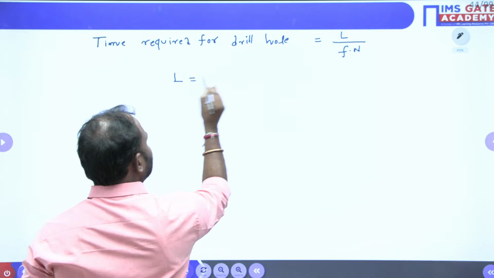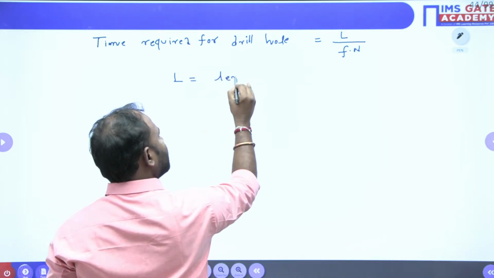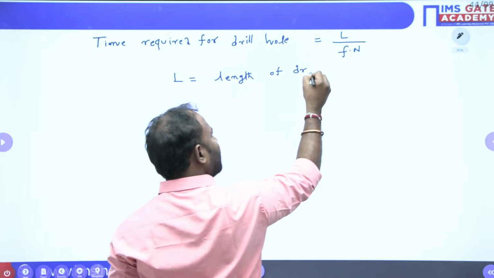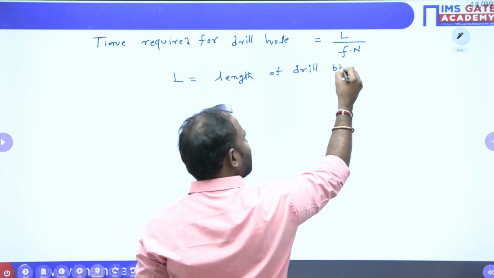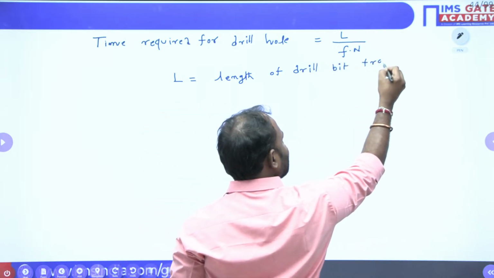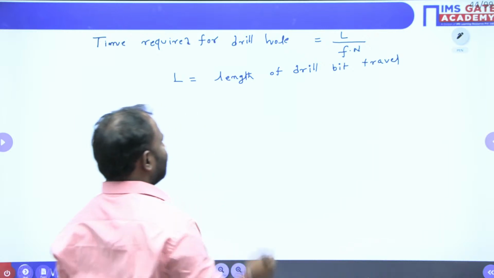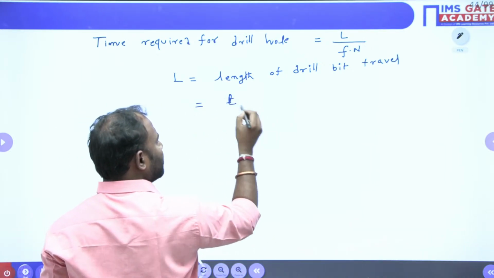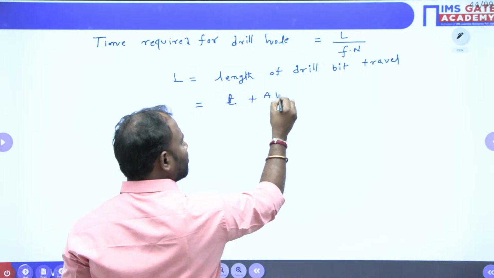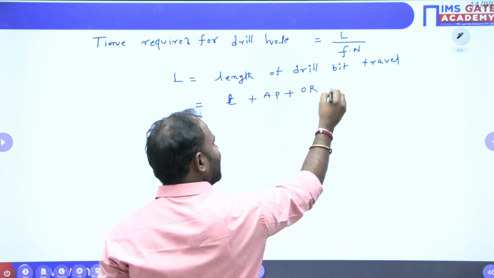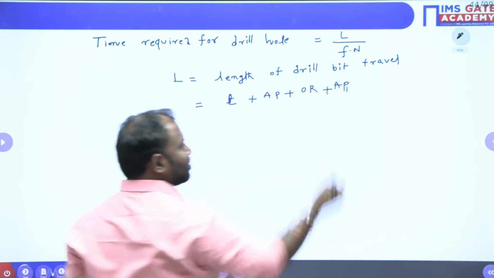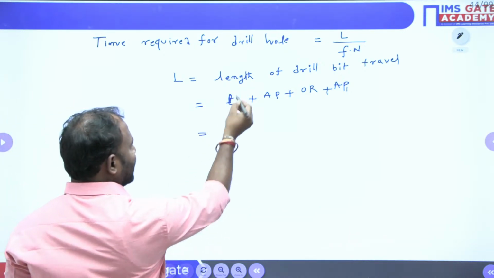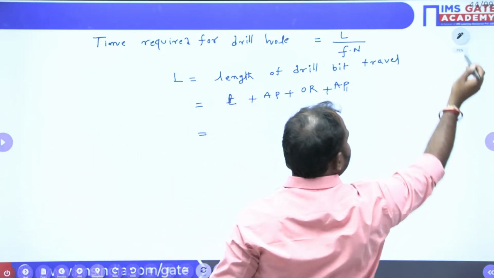L is equal to the length of drill bit travel. That is the thickness of the job plus approach plus overrun plus compulsory approach. Here it is thickness, I'll write clearly.